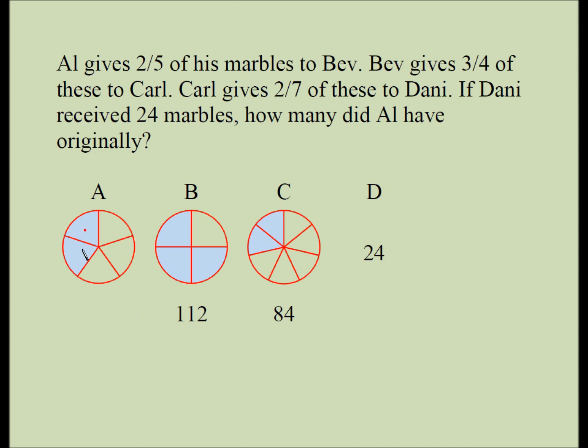Now Al gave away these 2 parts. So these 2 parts should add up to 112. And that tells me each pie sliver should be 56. So let's go ahead and make it 56. Note, the other unshaded ones should also be 56.